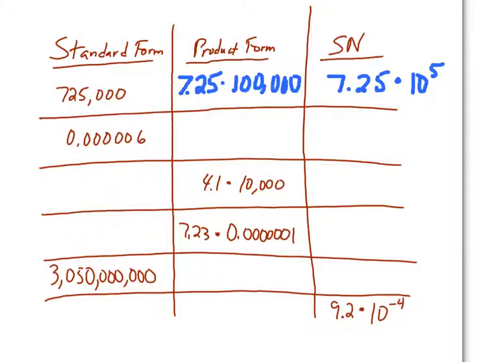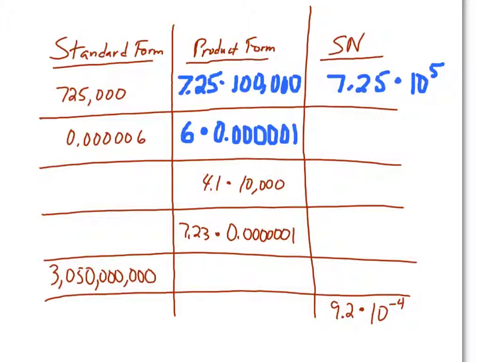Now, with small numbers, it works the opposite. I'm going to make this 6 times, so I'm just going to replace the 6 with a 1 here, so I'm going to have the same number of zeros. One more 0.